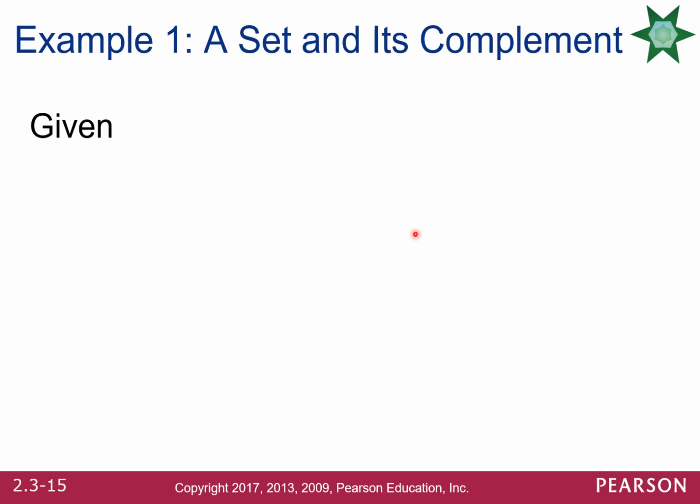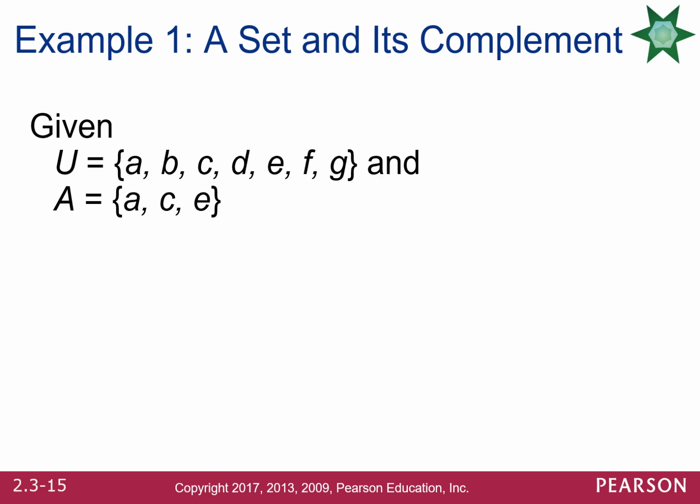So let's look at an example now of identifying the complement of a set. Example 1 is on a set and its complement. Given a universal set of values and A, which is a subset of the universe, we have to answer what the complement of A would be.